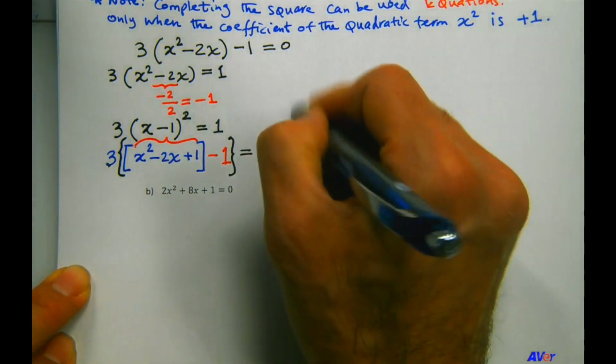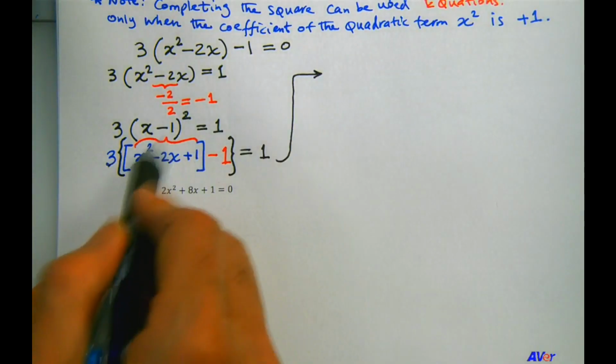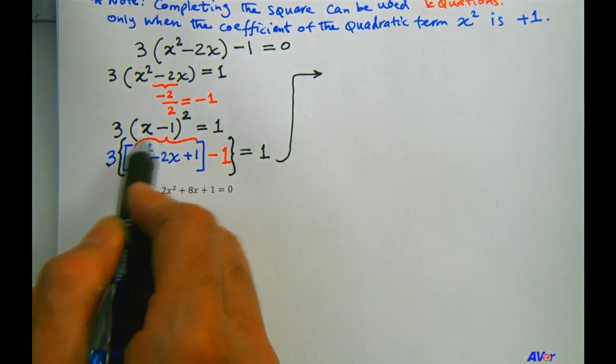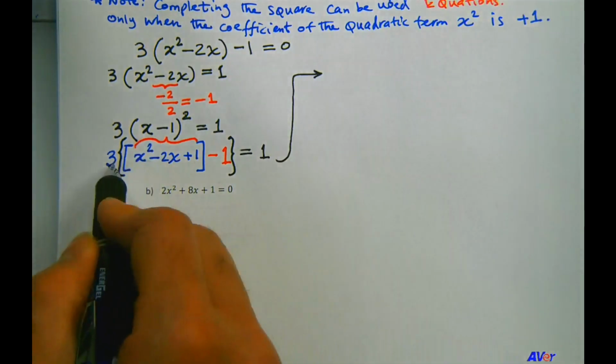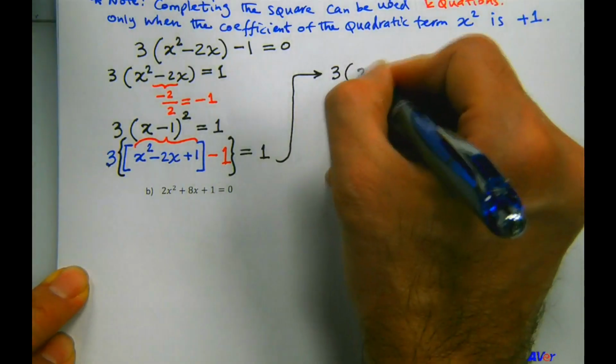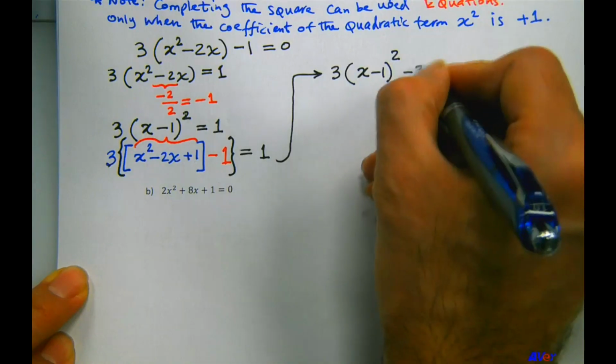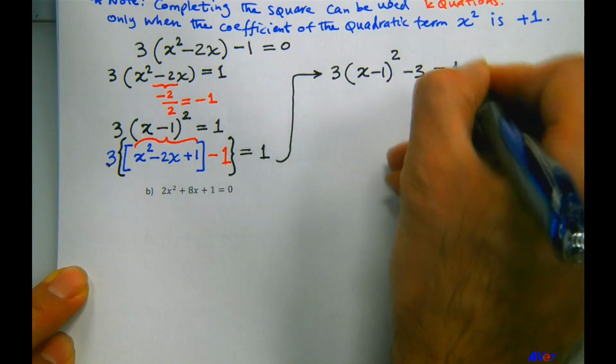So let's distribute. Let's rewrite this in complete squared format after distributing the 3. So we have 3 times x minus 1 squared minus 3 equals 1.